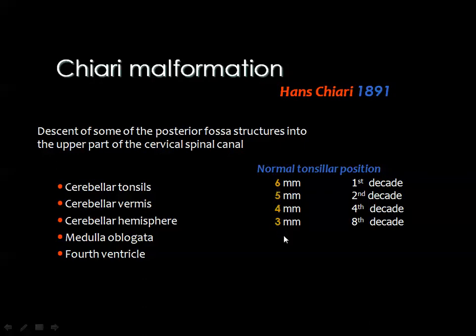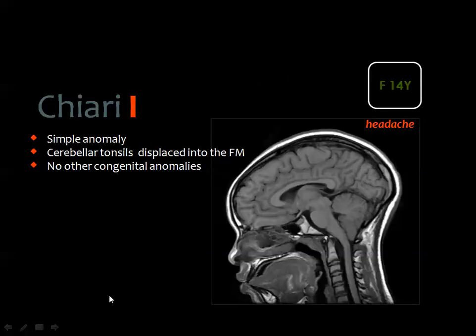Then it decreases with age, reaching about 3 millimeter. Then, if you look here, this is the cerebellar tonsil, and you draw a line from the occipital bone to the anterior edge of the foramen magnum, then you can see that part of the cerebellar tonsil is below this line, and this is known as the Chiari one.